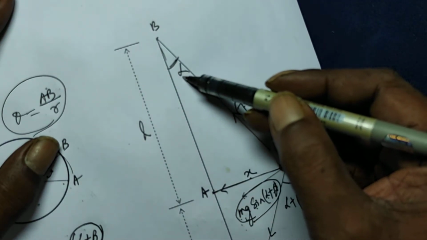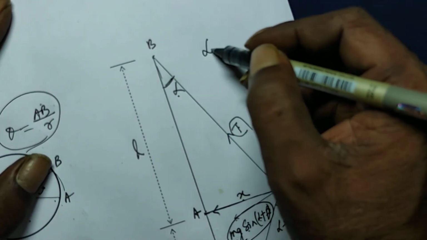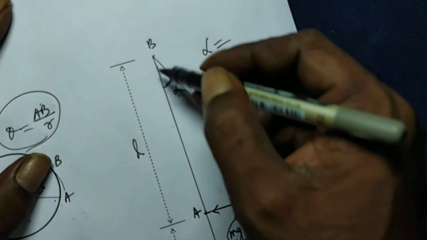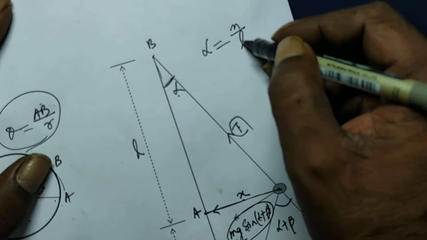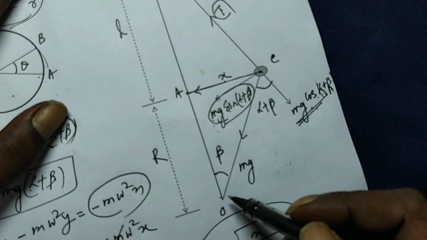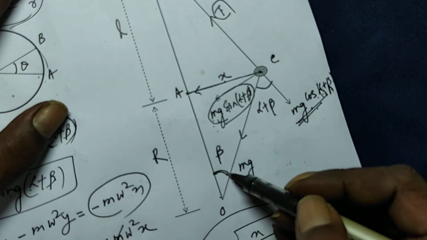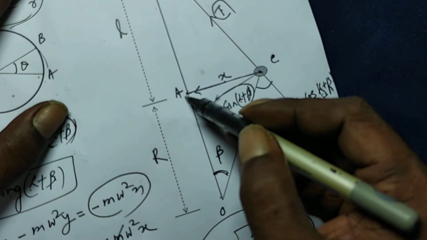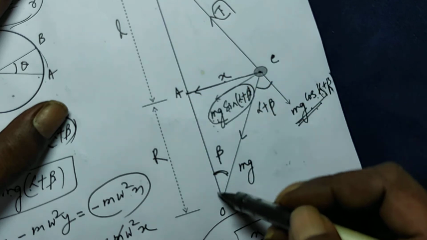So I can replace alpha as x over L, and again here I can replace beta as x over r.